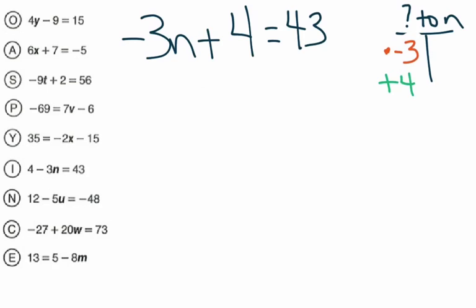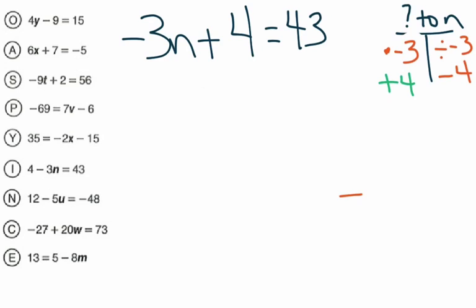If you have any questions about that, raise your hand and let me explain it again. But it is a little tricky. I mean, I'm not going to say it's not. So now that we know what's happening, now we're going to fix it. So the opposite of multiplying by negative 3 is to divide by negative 3. And the opposite of adding 4 is to subtract 4.